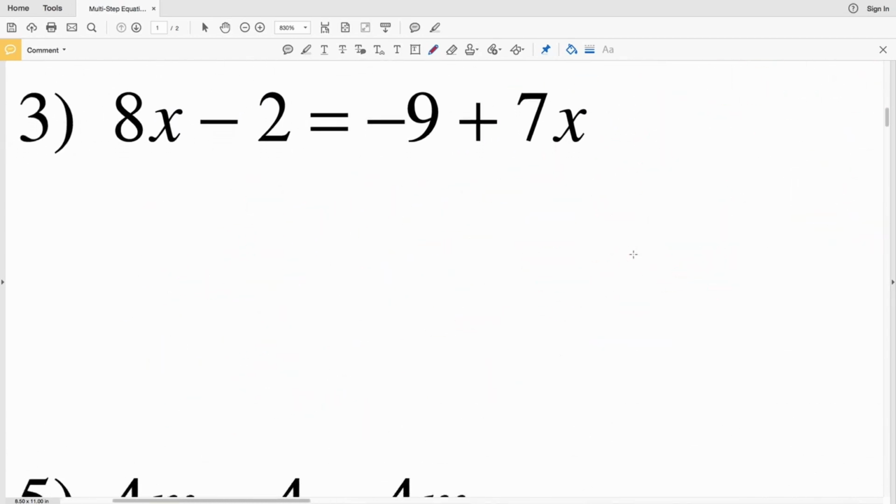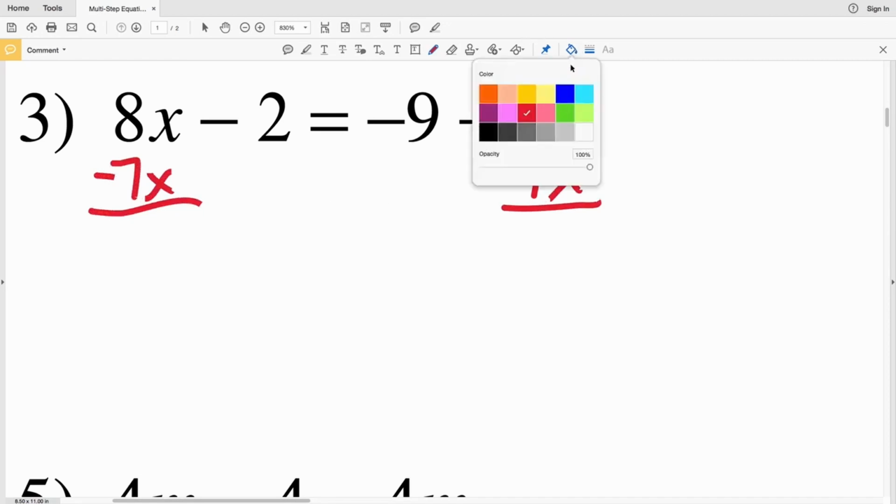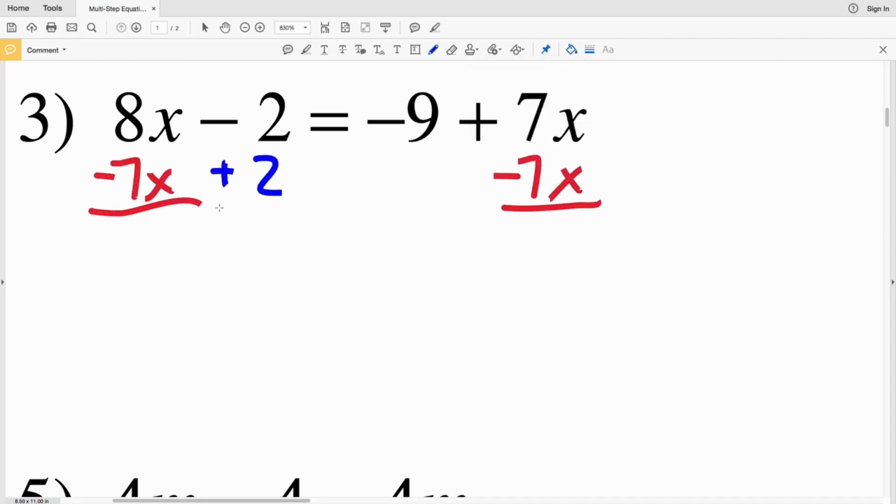Number 3, 8x minus 2 equals negative 9 plus 7x. I'm going to pick a side for my x's, so I'll move any term with x to the left-hand side and anything without an x to the right-hand side. For my first step, I'm going to subtract 7x from both sides and, at the same time, add 2 to both sides. 8x minus 7x is 1x, and negative 2 plus 2 is 0.